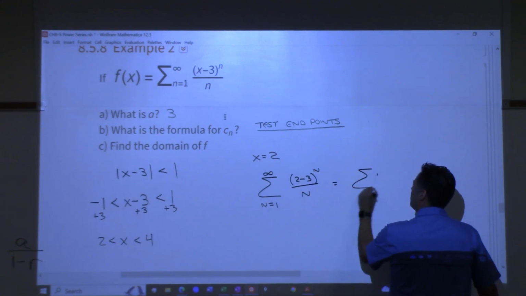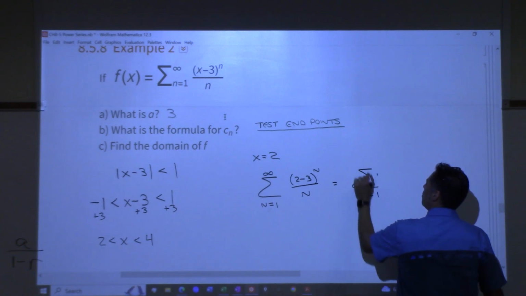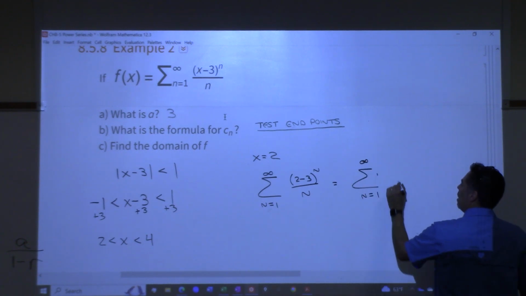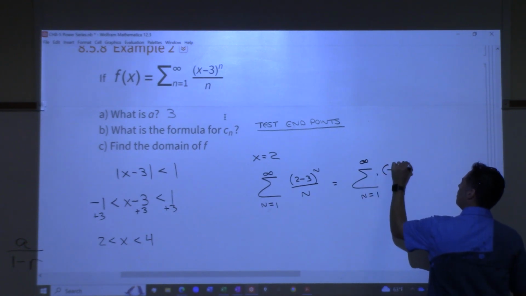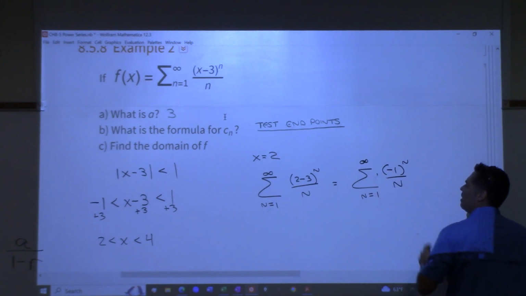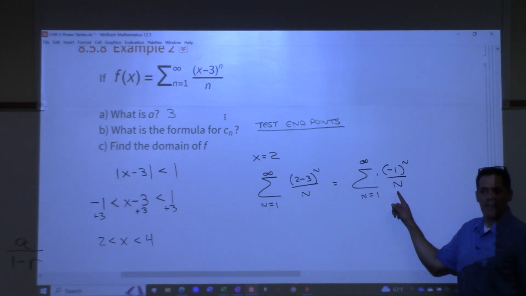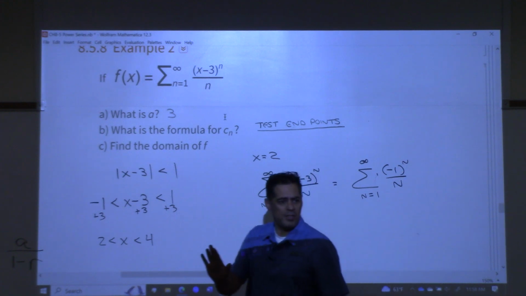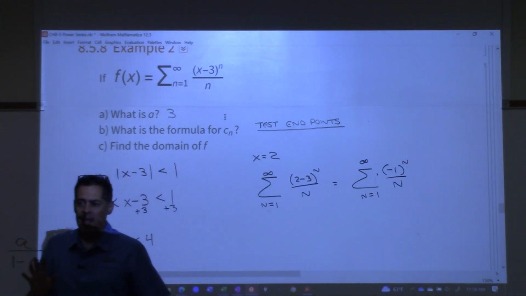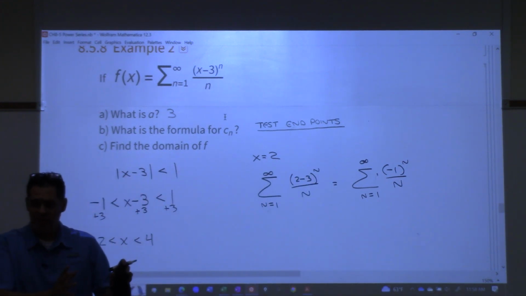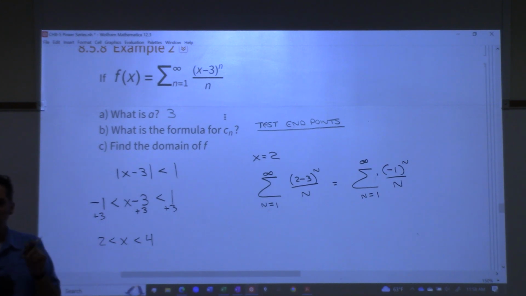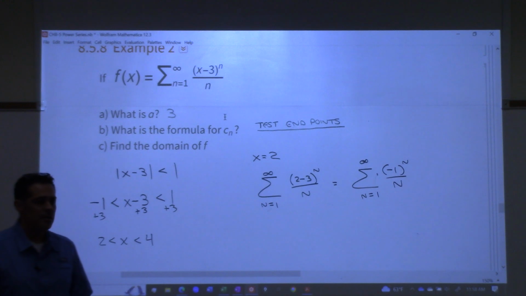And that would become the sum from n equals 1 to infinity of negative 1 to the n over n. Isn't that what it would turn into? See, we're not looking at a power series anymore, are we? We're looking at an actual series from the previous sections, because x isn't there anymore because we replaced x with 2, or negative 2, right?